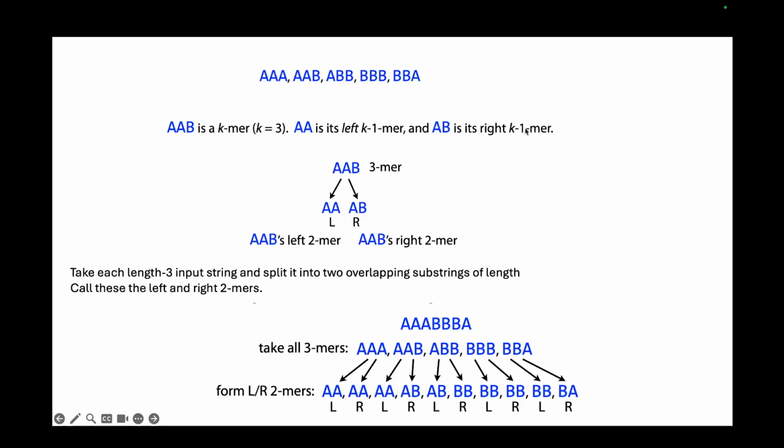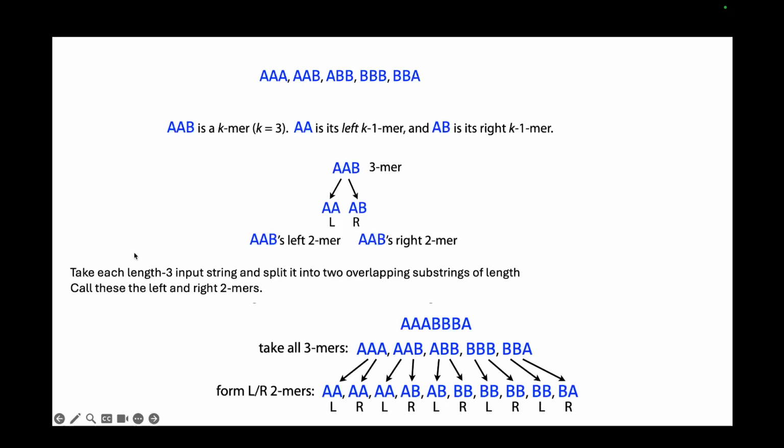So if this is a 3-mer, this is its left mer, which is AA, the first two, and this is its right mer, which is AB, the last two. So AA is called AAB's left 2-mer, and AB is called AAB's right 2-mer. It's quite evident from that.